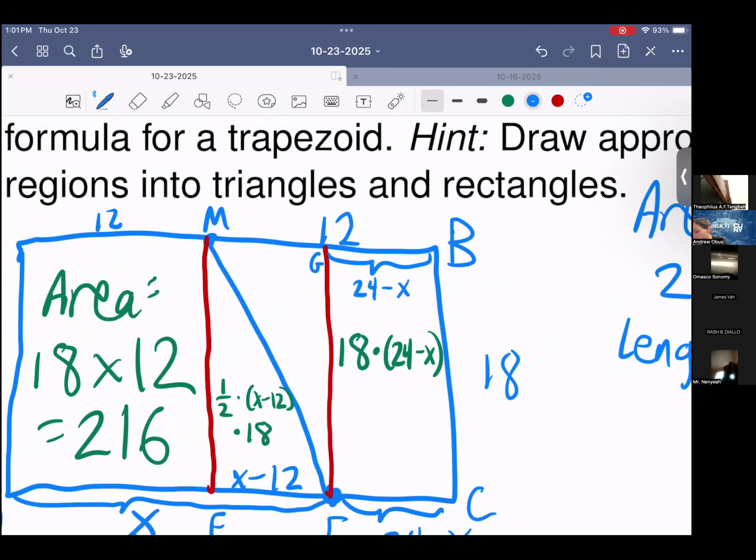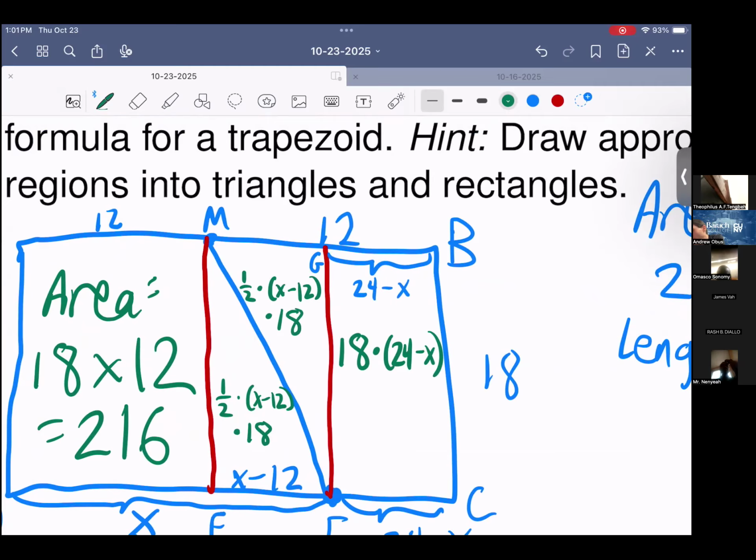And so this area is going to be, actually, maybe I'll write 1/2 first. It's a triangle, so it's going to be 1/2 times the base, which is x minus 12, times the height, which is 18.